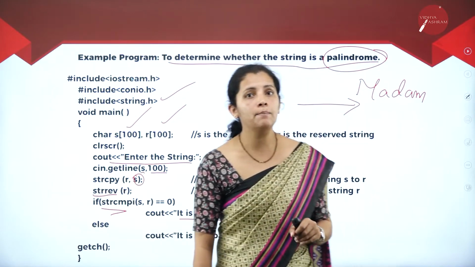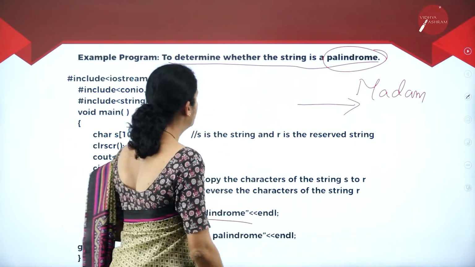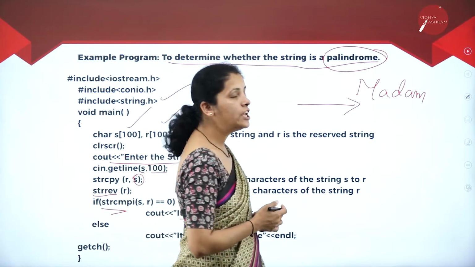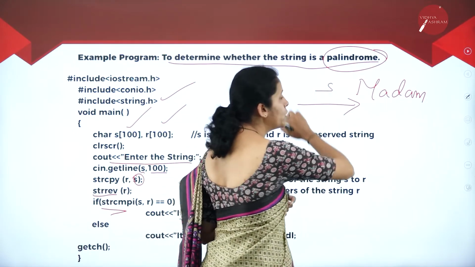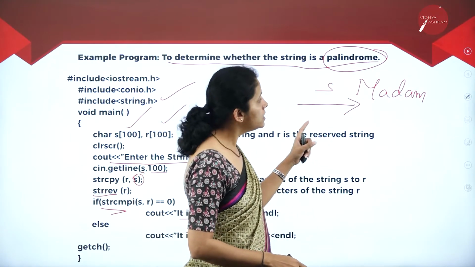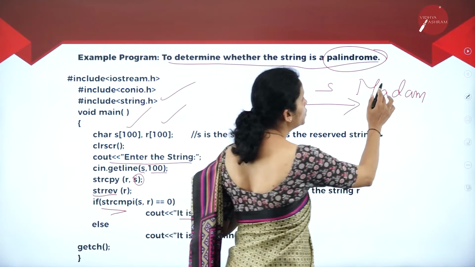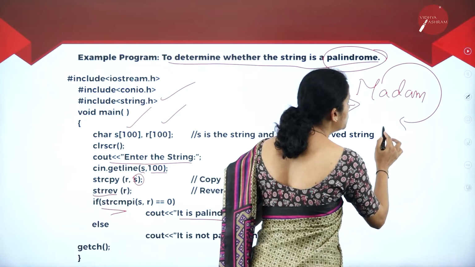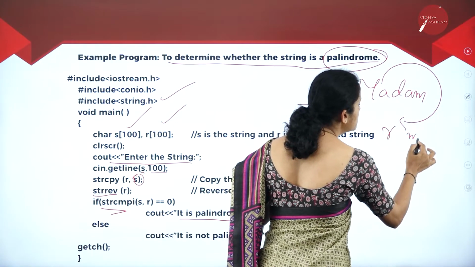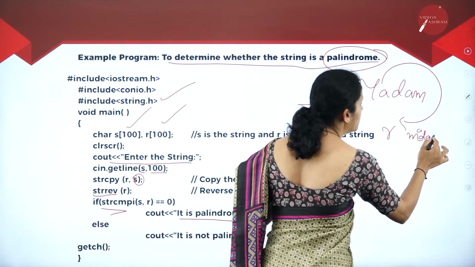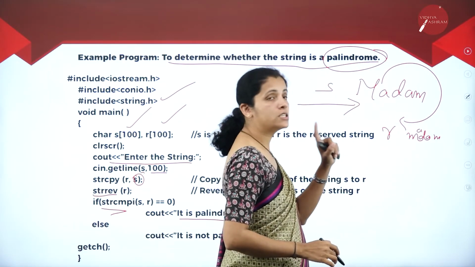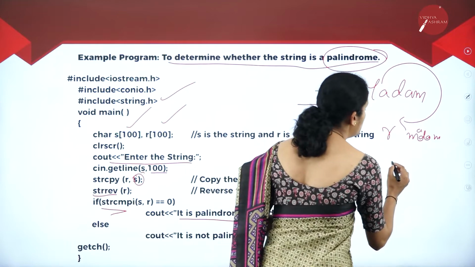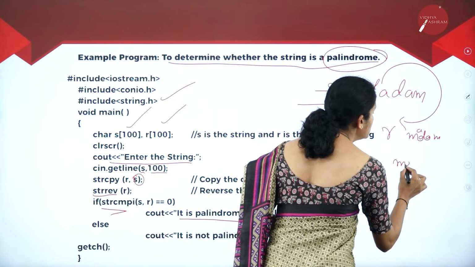Now, with the example, let me trace here. For example, I'm going to read this string madam, and it is stored in S. Now, what I will do, I'm going to copy this string to R. So, it is madam. Now, I'm going to call the reverse string function. So, here I'm going to reverse the string.